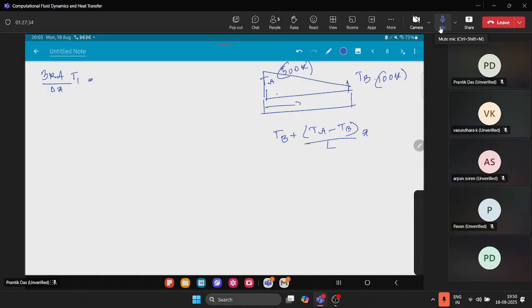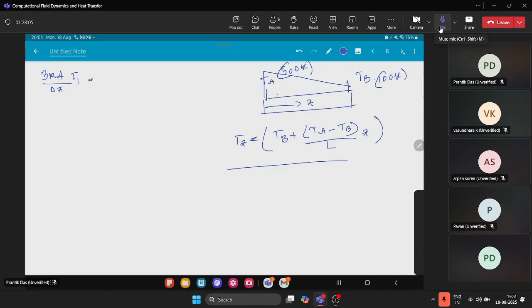So x is the coordinate from here. Since you are cancelling the K terms from both sides of the equation, it becomes independent of the property itself. So T(x) is basically Tb plus (Ta minus Tb) by L multiplied by x. So this is an analytical solution, by the way.